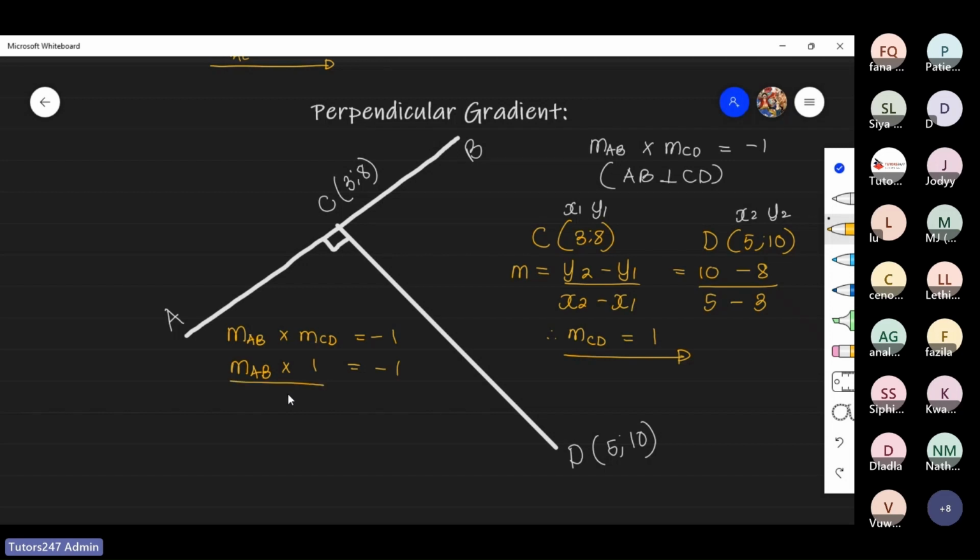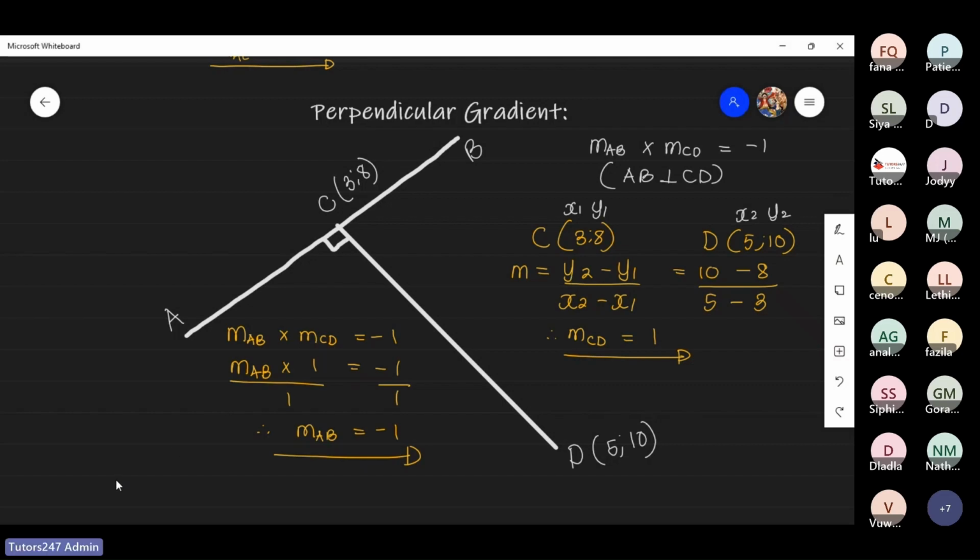From here, we can divide both sides by 1, therefore giving us the gradient of AB as -1. If you want to prove it, you can substitute the gradient of AB and the gradient of CD into the original formula. So 1 times -1 will end up giving you -1. So that is the proof that AB is perpendicular to CD, not CB.